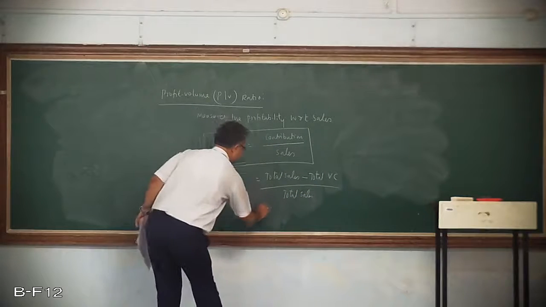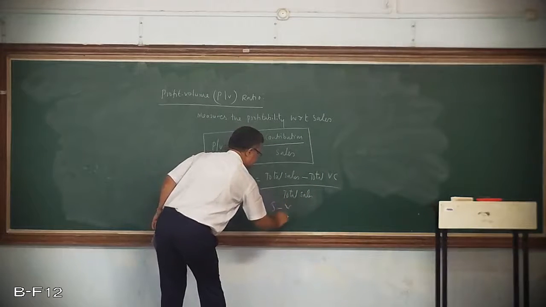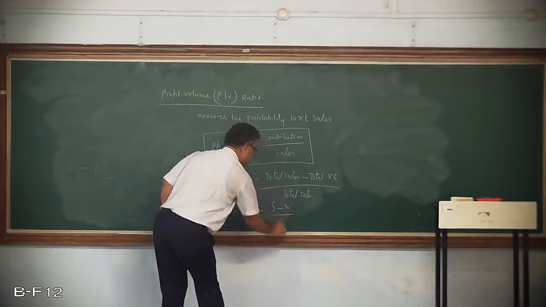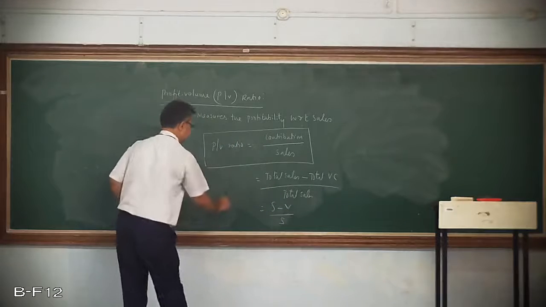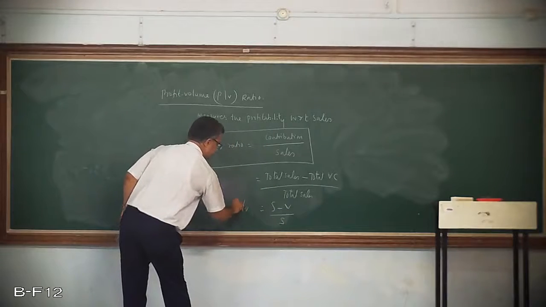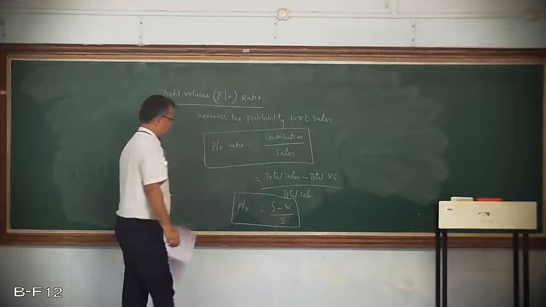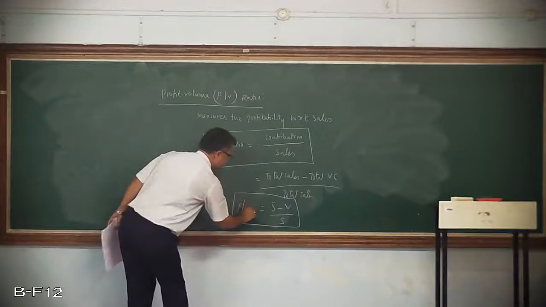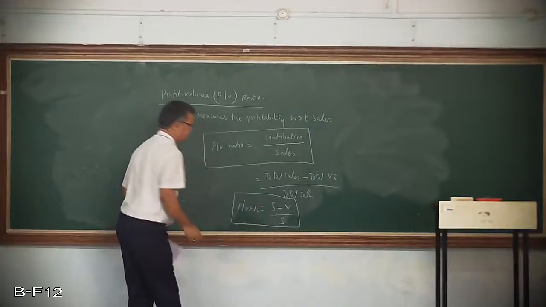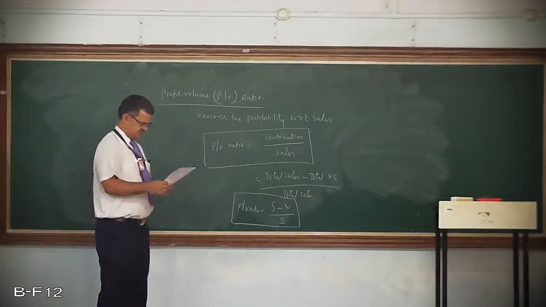Nothing but S minus V divided by S. That is the PV ratio, S minus V by S.